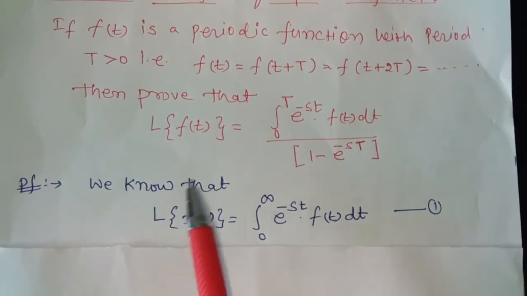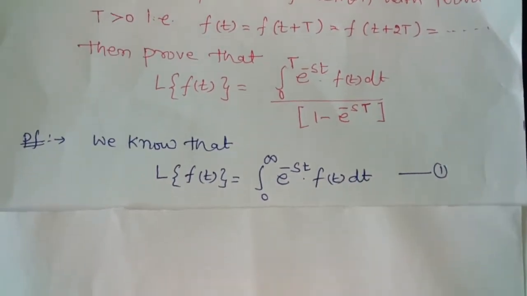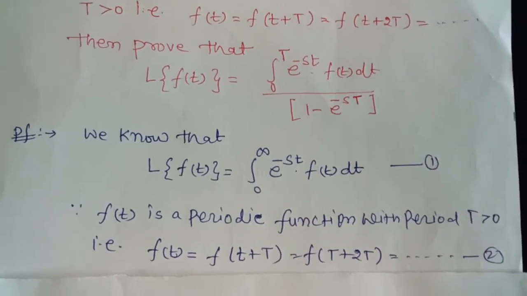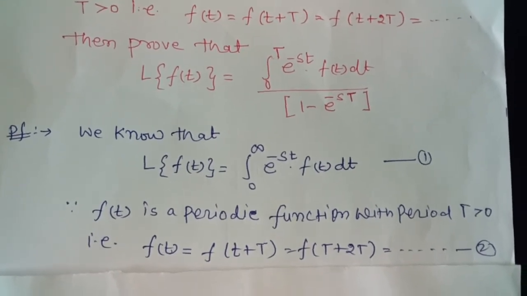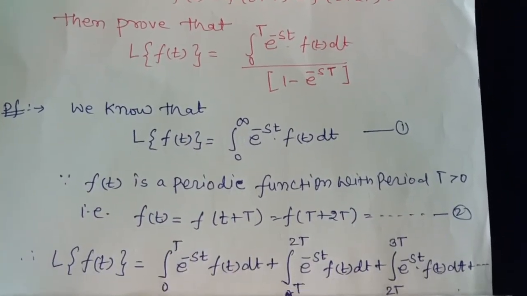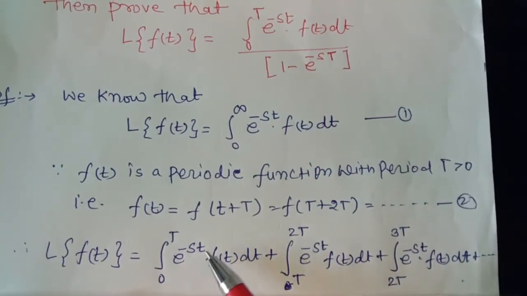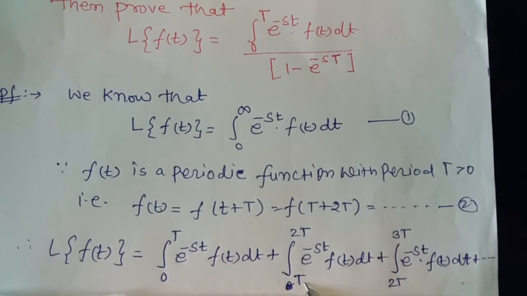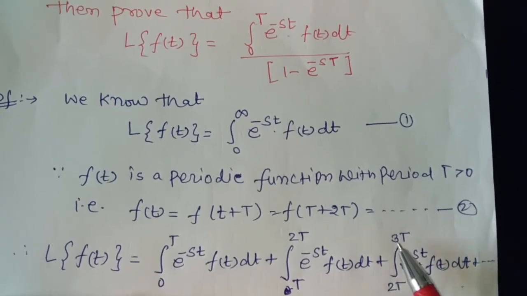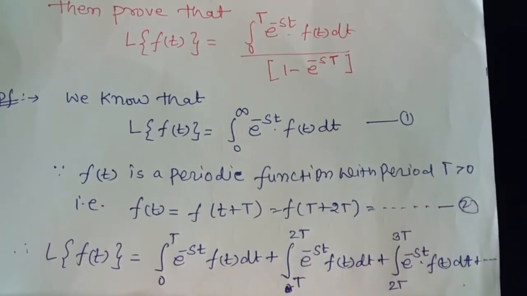And here, since our function f(t) is a periodic function with period capital T, we split this limit of integration 0 to infinity into several parts, that is from 0 to T, T to 2T, 2T to 3T, and so on up to infinity, and we get the Laplace transform of f(t) equal to the integral 0 to T of e^(-st) f(t) dt plus the integral T to 2T of e^(-st) f(t) dt plus the integral 2T to 3T of e^(-st) f(t) dt, and so on. So we split the integral.